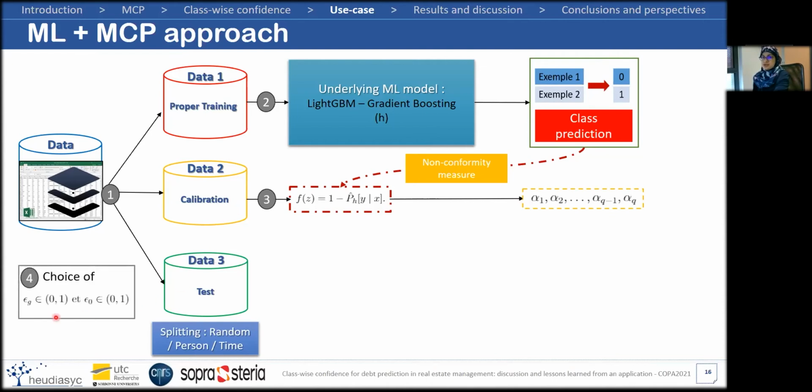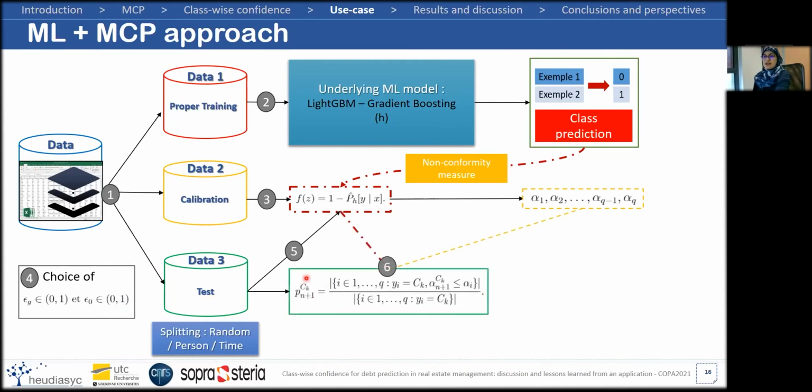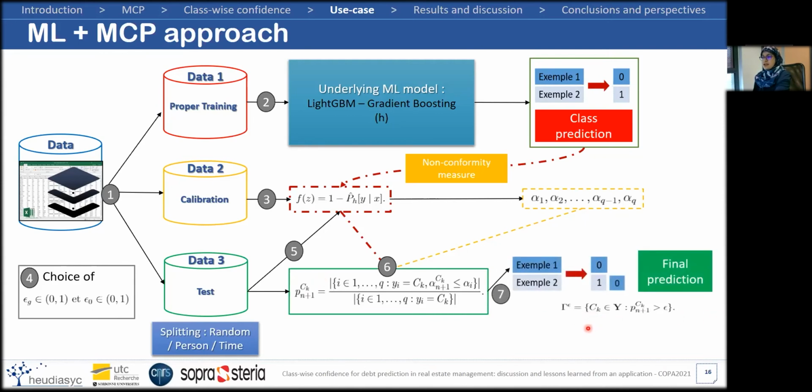Then we choose the epsilon G and the epsilon 0, or just epsilon in the case of MCP, that we use to set our examples and go to the test phase by calculating the p-values for each example and for each class or label. And then we can finally get our prediction region, or set, for our final prediction with the conformal approach.